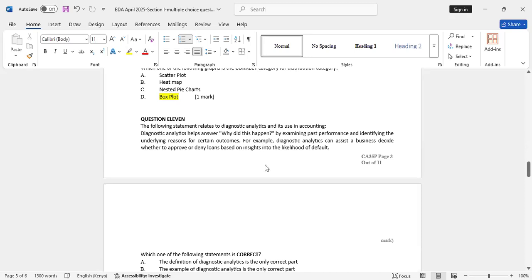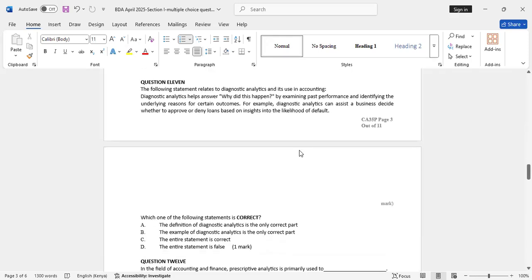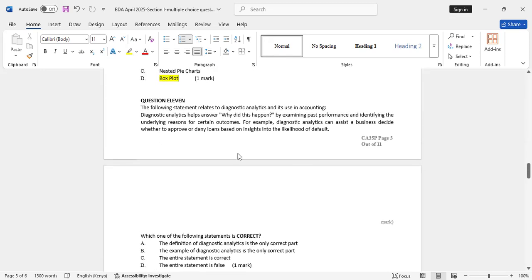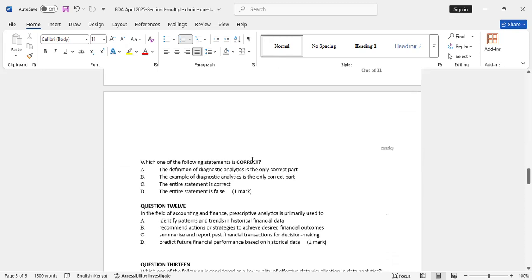By examining past performance and identifying the underlying reasons for certain outcomes, for example, diagnostic analytics can assist a business to decide whether to approve or deny loans based on insights into the likelihood of default. Which one of the following statements is correct?